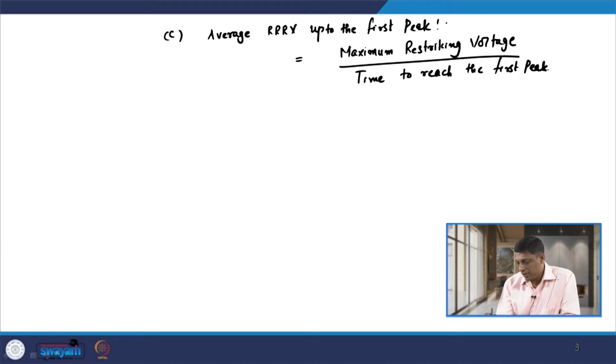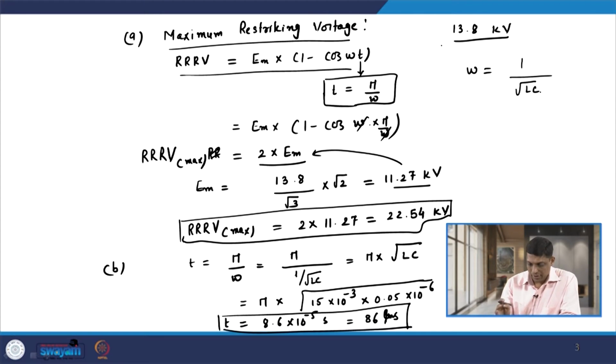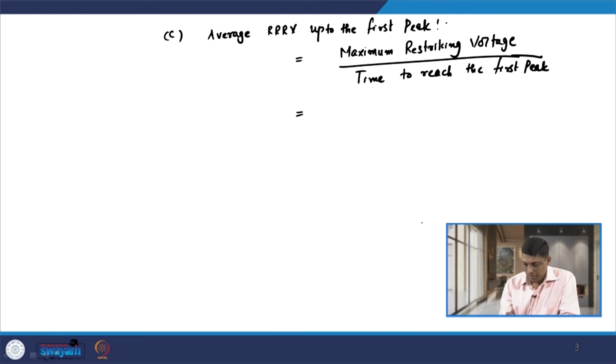The maximum restriking voltage we have already calculated, that is 22.54. You can also convert it into volts, because this is in kV.